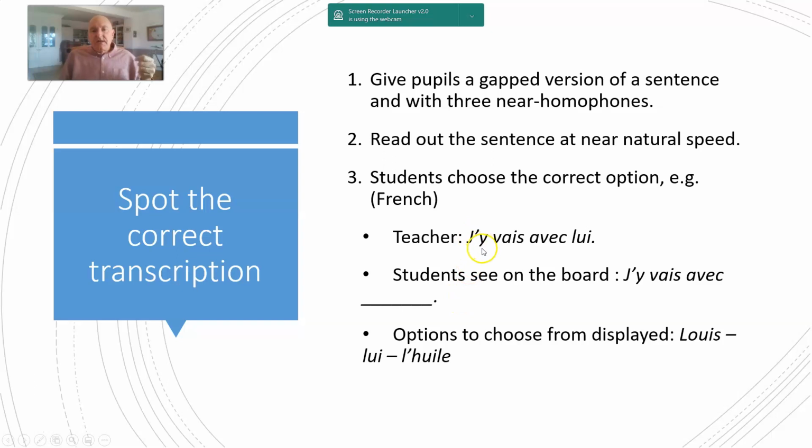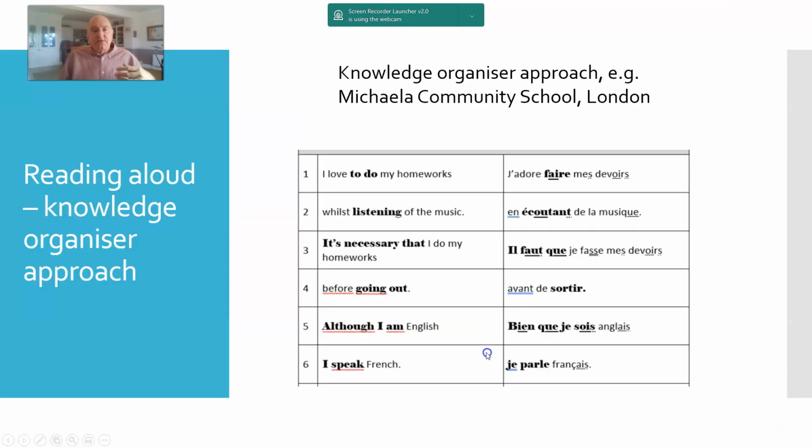So the teacher would say, j'y vais avec lui, I'm going with him, or I'm going there with him. Students see on the board, j'y vais avec, and then they've got 3 options, lui, lui, l'huile. And they've got to spot the right one, which was lui. So very doable, accessible activities with a focus on phonology and phonics and building up sound awareness.